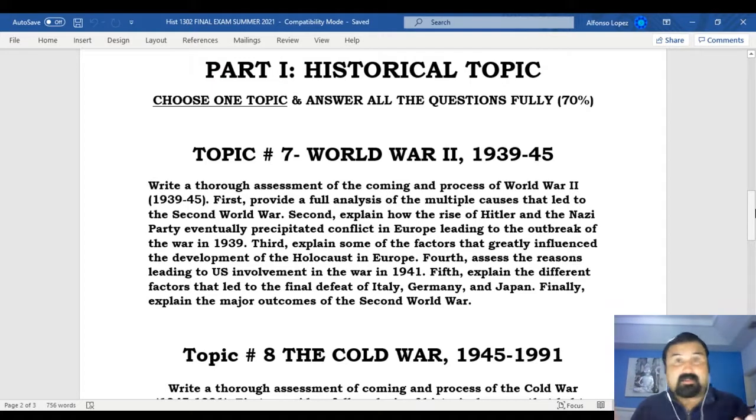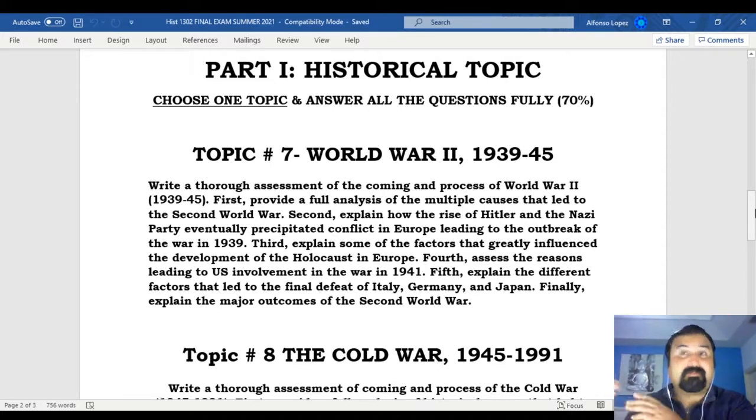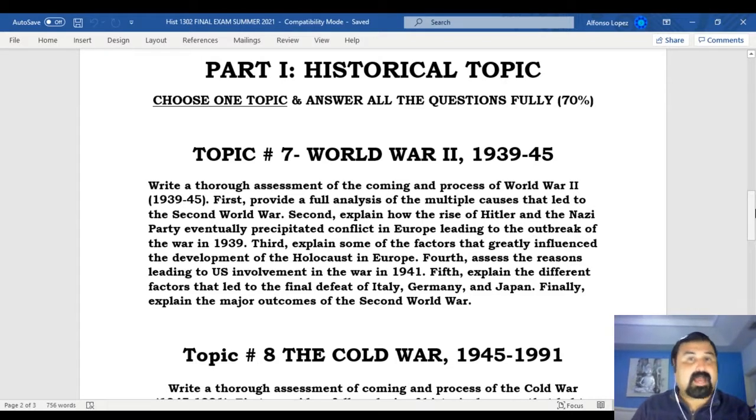Despite the fact that there was a winning side, the British and the French ended up defeating the Germans and the allies of Germany, everybody was really, really weak. All of the nations of Europe that waged war on each other were weakened after spending enormous human and material resources fighting each other.